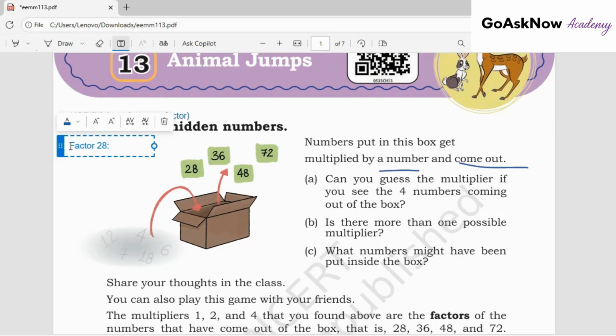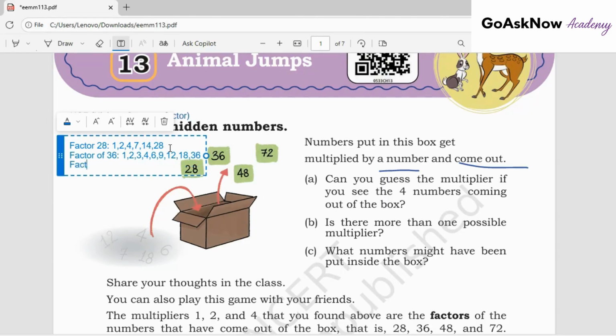28, which are 1, 2, 4, 7, 14, 28. Next, the factors of 36, which are 1, 2, 3, 4, 6, 9, 12, 18, 36.